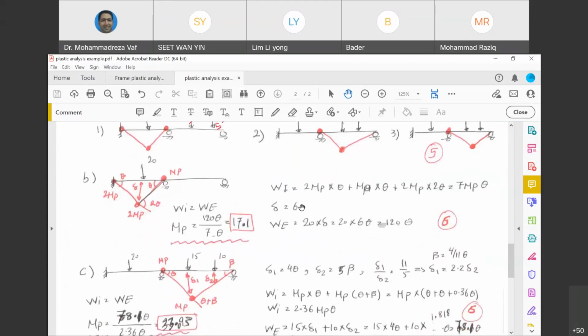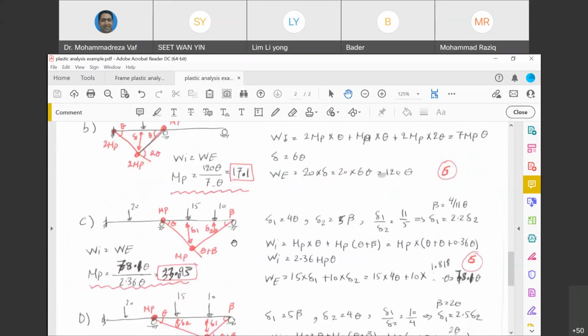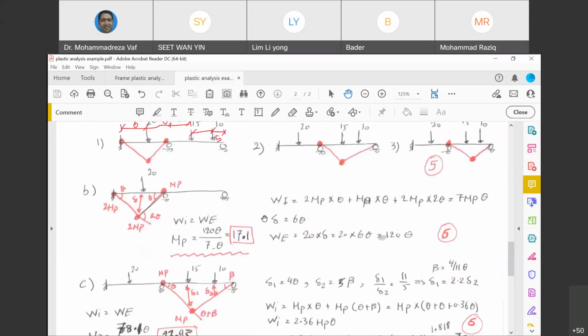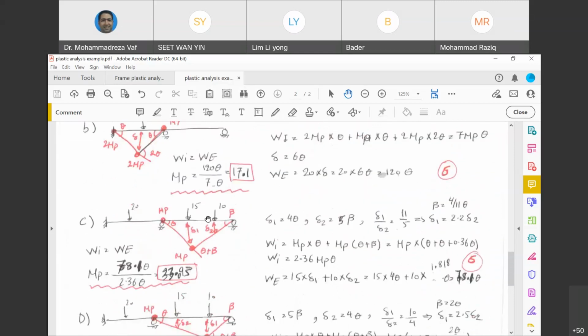So it is the combination of 5 + 2, right? So you calculate first delta. Delta is based on the length of this span, which is 4 theta, because from here to here is 4 meter. So this is for 4 theta, and the beta is going to be 7. From here to the load of 10 is 5 meter.